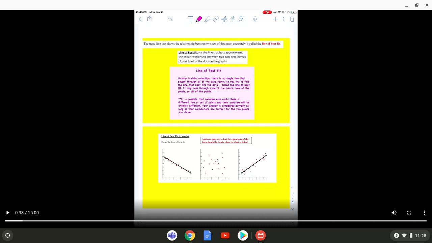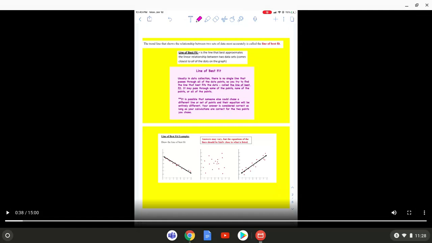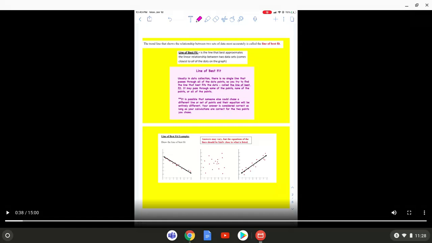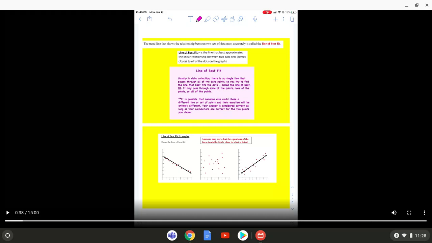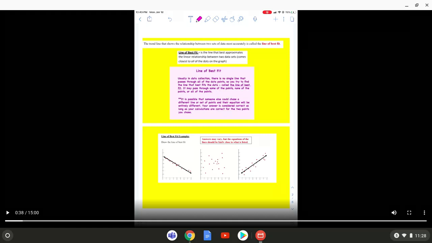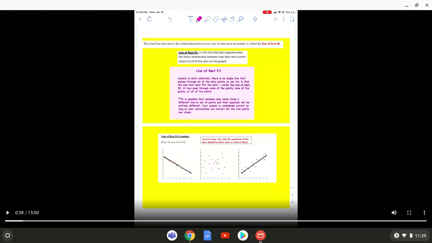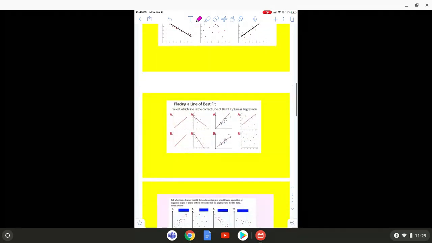The rule of thumb is you want to try to have an even number of points above the line and an even number of points below the line. So sometimes you might not even hit any of the points on your graph. Like I said, you're just kind of eyeballing it. It's not an exact science. So this is something to think about.